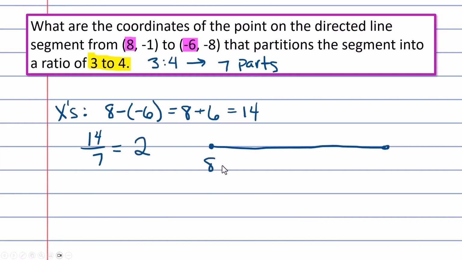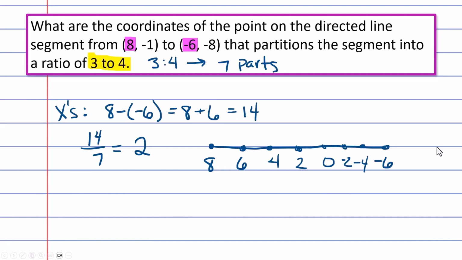We're starting with 8. We have to land at -6. I'm going to use this little line to help me count up. I know they're going to be 2. Now, if we're going from 8 to -6, that means we are going down. The next one would be 6. Then go down 2 more. We got to go to the 4, go down 2 more, we get to 2, go down 2 more, we get to 0, and go down 2 more, we get to -2, go down 2 more, you get to -4, go down 2 more, you end up to -6. 1, 2, 3, 4, 5, 6, 7.